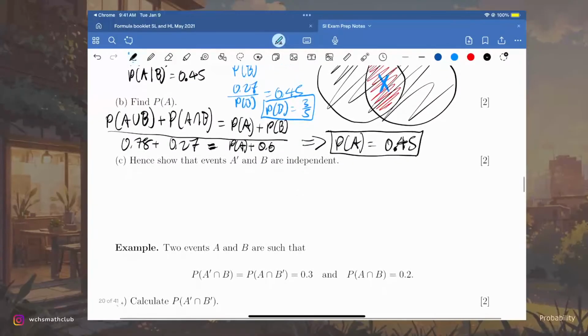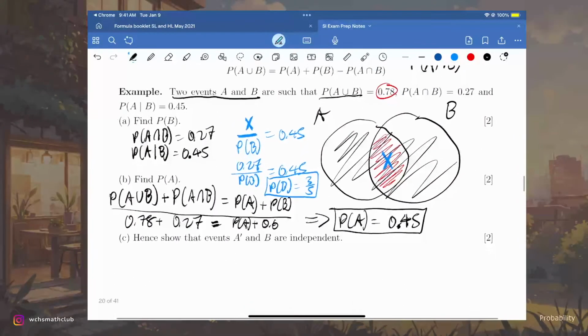Show that events A prime and B are independent.